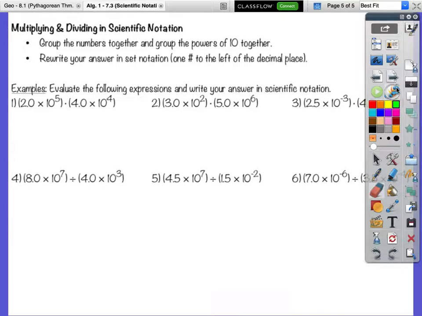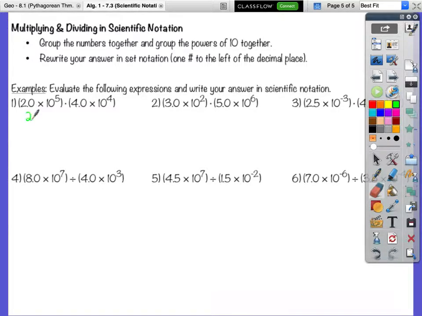If we look at number 1 here, 2.0 times 10 to the 5th, is this scientific notation right here in the parentheses? Okay, times 4.0 times 10 to the 4th. Is this scientific notation here? Yes, and they're all being multiplied together. So what numbers do we have that are the normal numbers? Not the exponents, the normal numbers. 2 and 4.